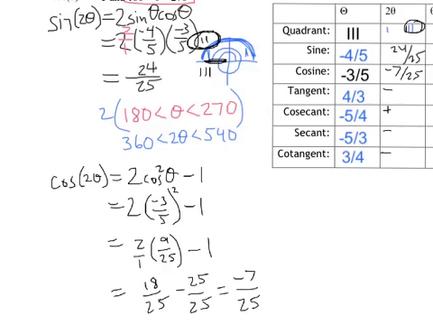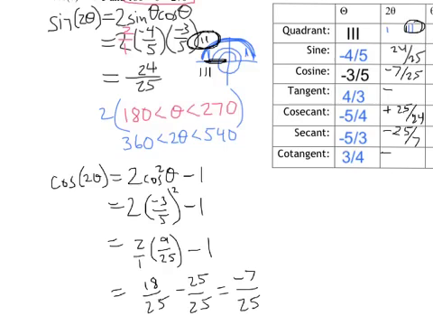And I can fill in the cosecant and the secant values, even though I don't have a secant of 2 theta formula, because I just figured out what cosine of 2 theta is. I can reciprocate that. That's 25/7. And cosecant, the reciprocal of sine, I could fill that in, 25/24, that is.